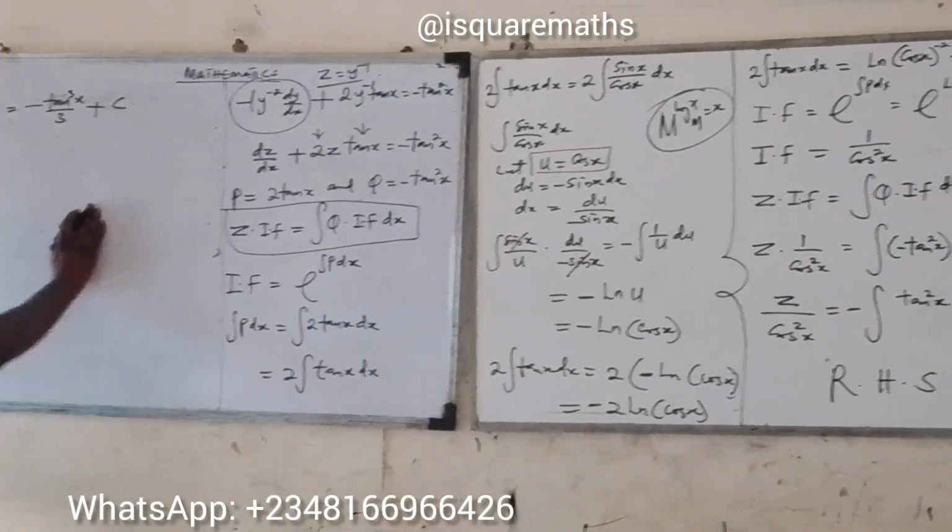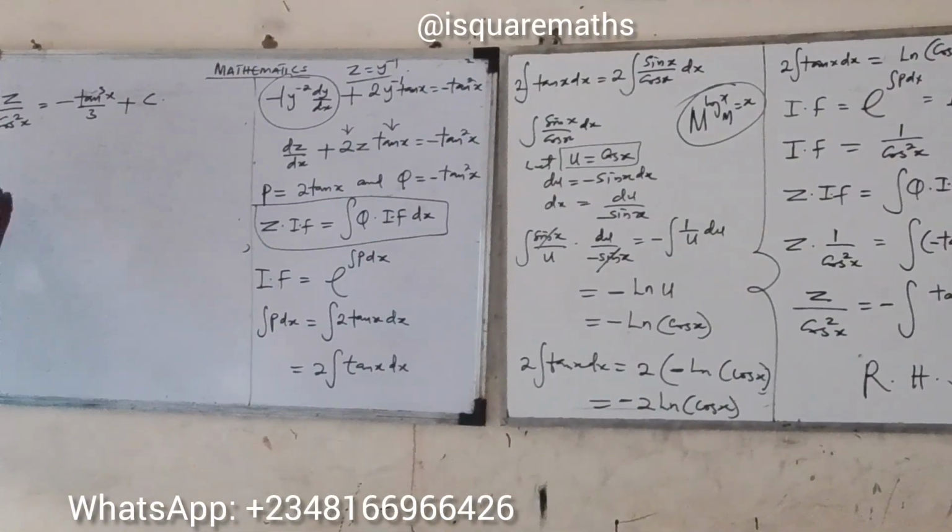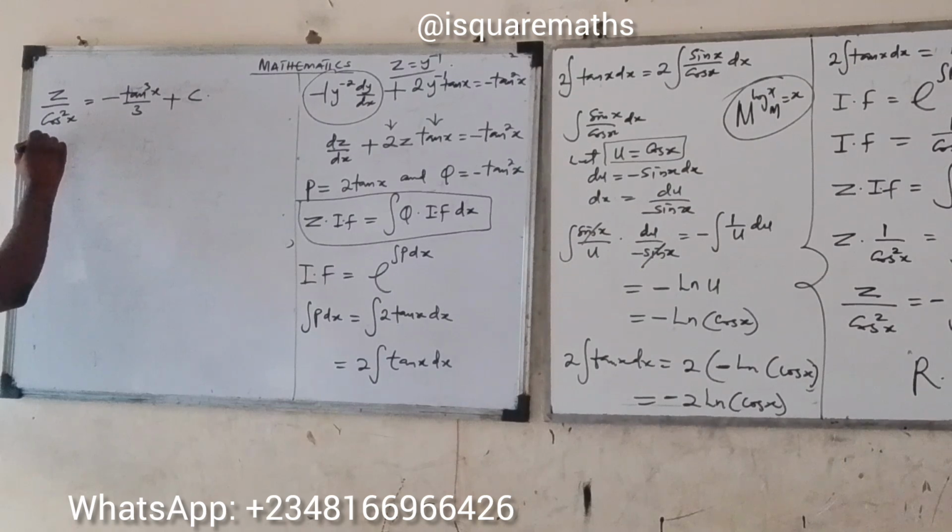So at this point, this is the same thing as saying, let's multiply through by cos squared x.